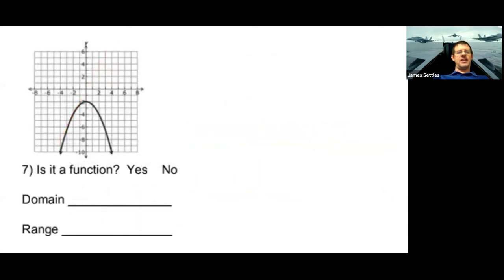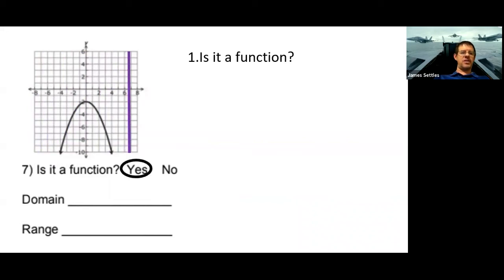All right, so let's take a look at this one. So is it a function? So we send our line through. All right, didn't see anywhere where it would have touched twice, so this is a function. All right, so domain. We try to crop the right-hand side, and I hit an arrow. Try to crop the left-hand side. I hit an arrow. Can't crop either of these.